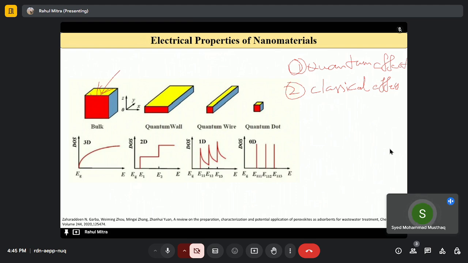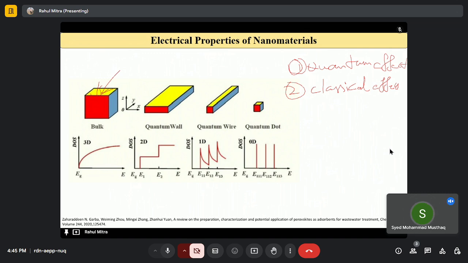I will come to the density of states in just a few minutes. This leads to cases where conducting materials can behave as semiconductors or insulators. The other is the classical effect, where the mean free path for inelastic scattering becomes comparable with the size of the system, leading to a reduction in scattering events.